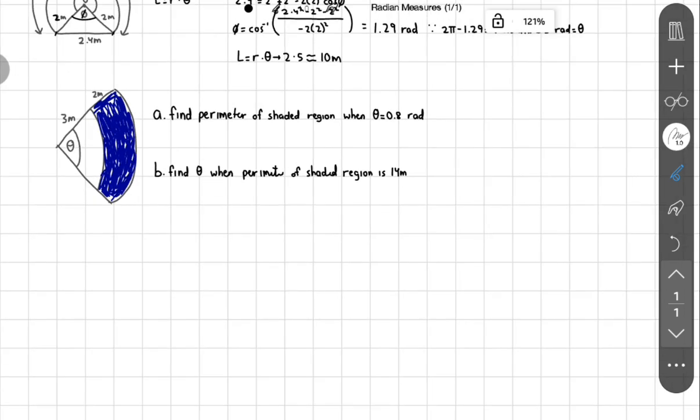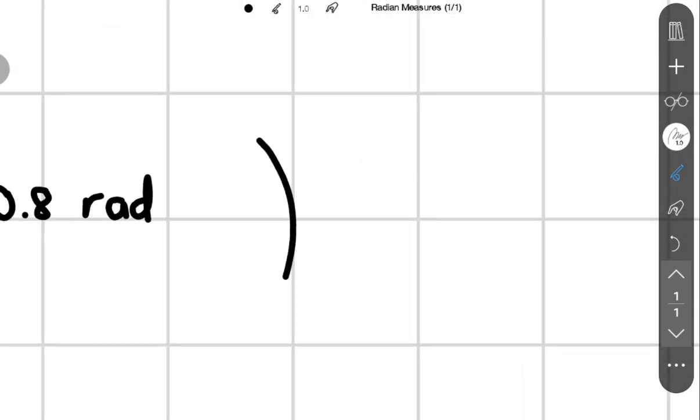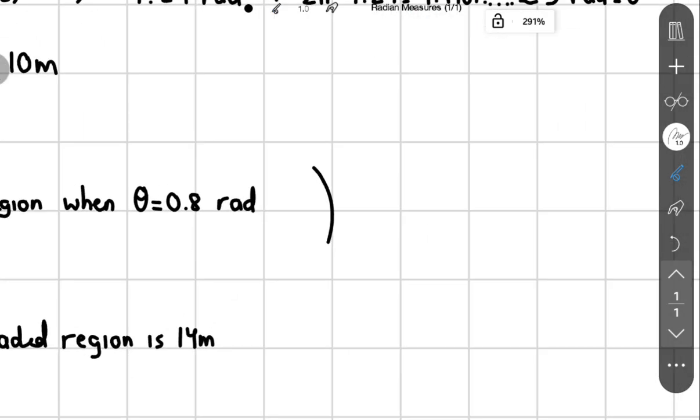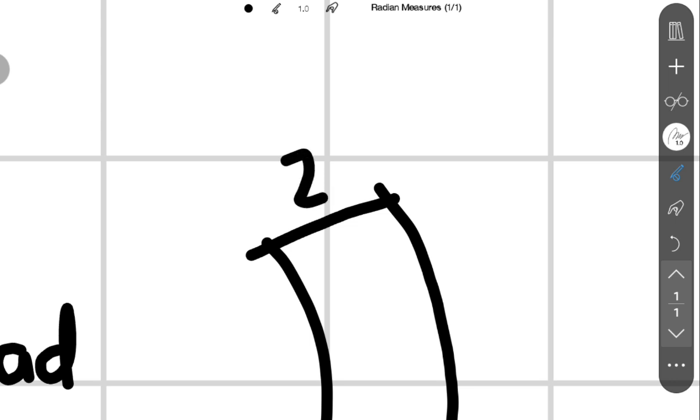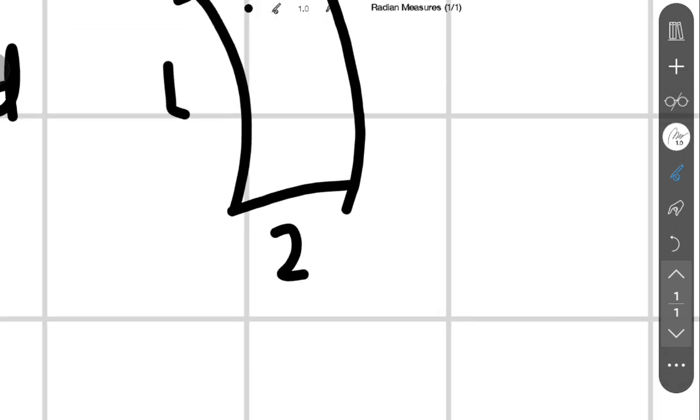So if we were to look at the shaded region, we have this arc, two lines here, and then another arc. The arc here is 2 meters. So we have 2 and 2, and let's say arc 1, named L1, and arc 2, L2.